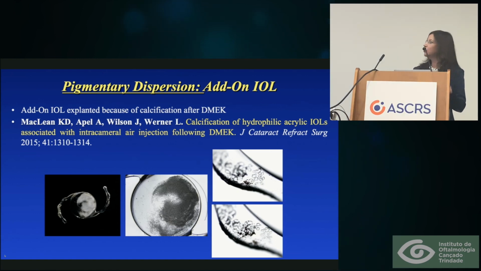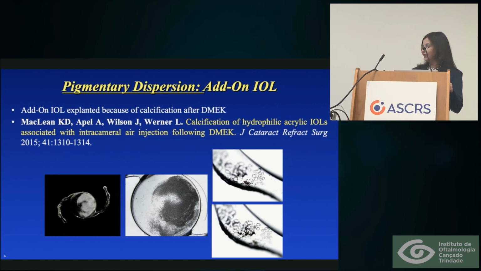I wanted to mention a little bit about the Sulcoflex. What I would like to highlight in this slide is that this was a Sulcoflex lens that was explanted because of opacification. The lens is made of a hydrophilic acrylic material and was calcified, so it needed to be explanted, but otherwise that was considered a very successful case.